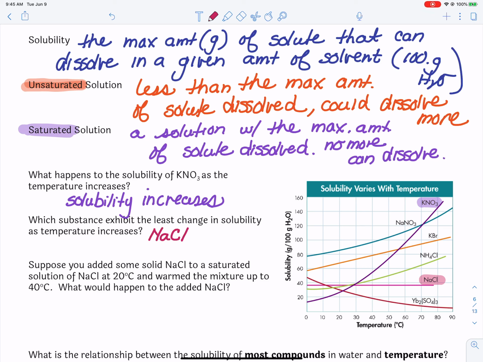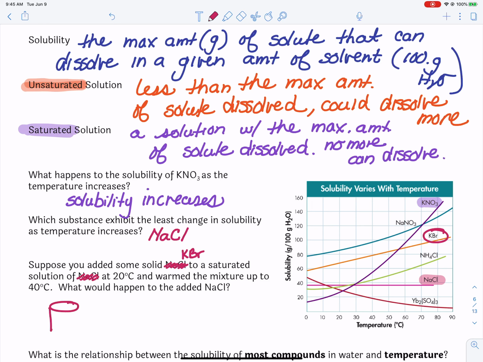And I believe I changed this in your handout before I sent it out to KBr, because NaCl doesn't really change in solubility. So suppose that you added some solid KBr to a saturated solution at 20 degrees Celsius and warmed the mixture up to 40 degrees Celsius. What would happen to the added KBr?